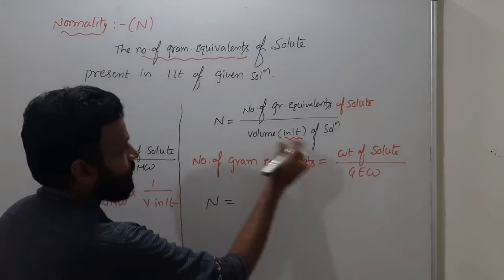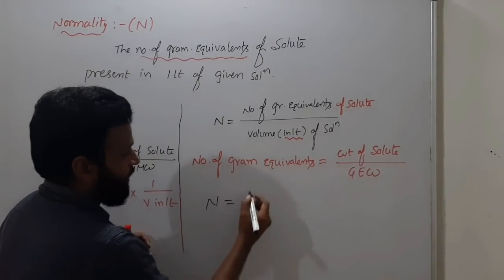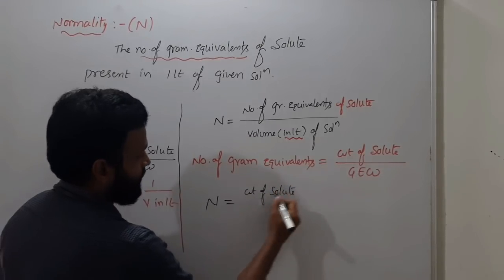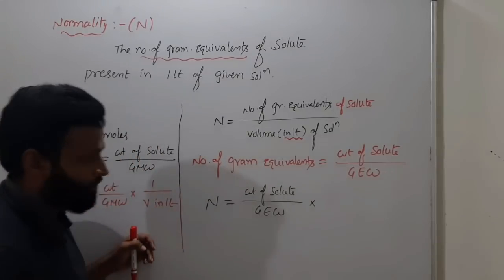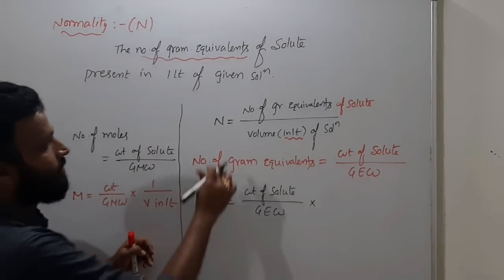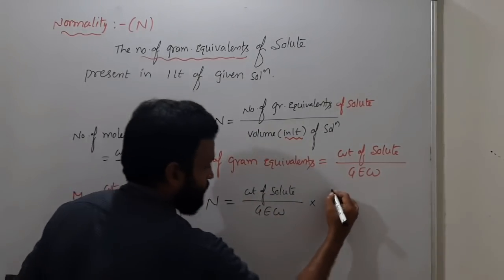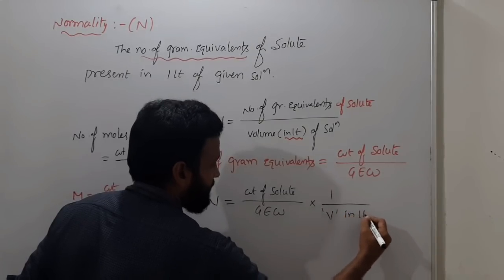Normality is equal to the number of gram equivalents, which is weight of solute by gram equivalent weight, and in the denominator you have the volume of solution, so 1 by V in liters.